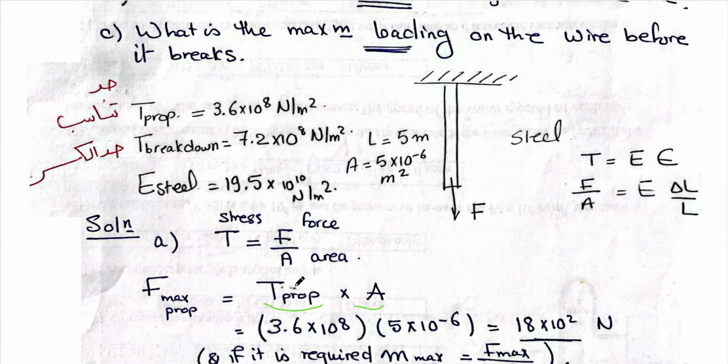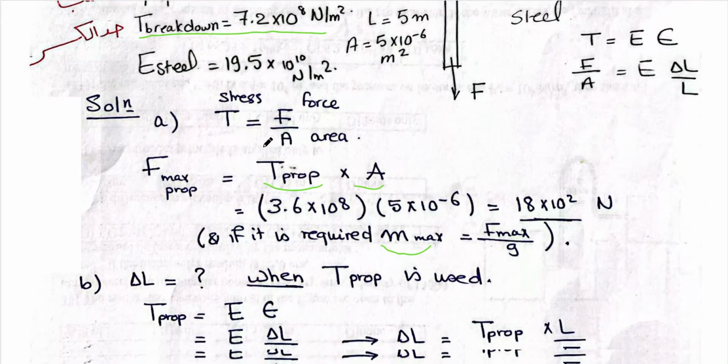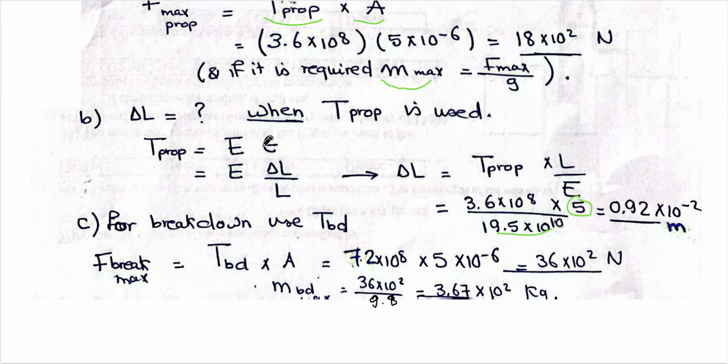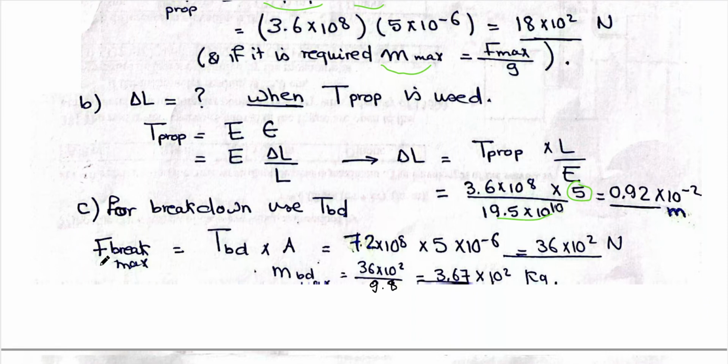As for the third required, it wants the maximum loading again, but before the breakdown or rupture of the wire. So now we will use the breakdown stress, which is greater than the proportional stress. So do the same, but using the breakdown stress. To get the force, multiply stress by the area.